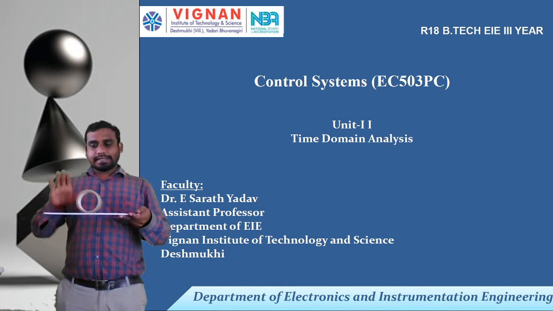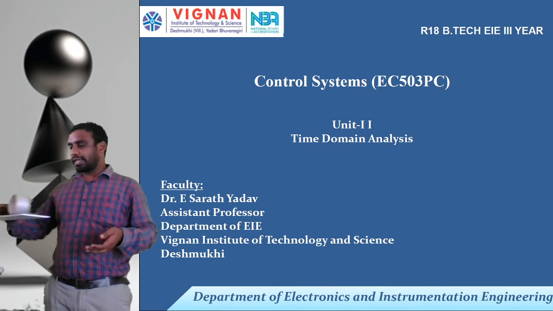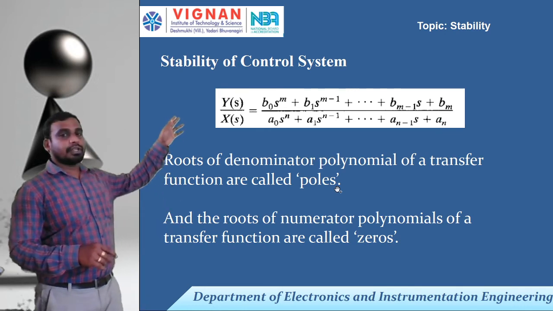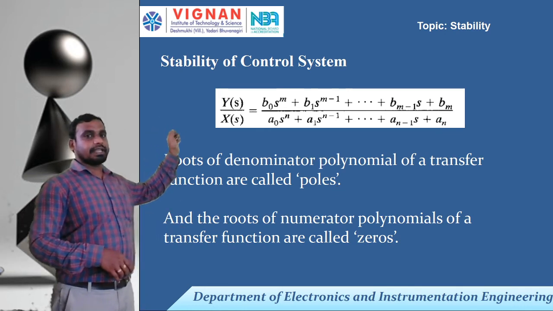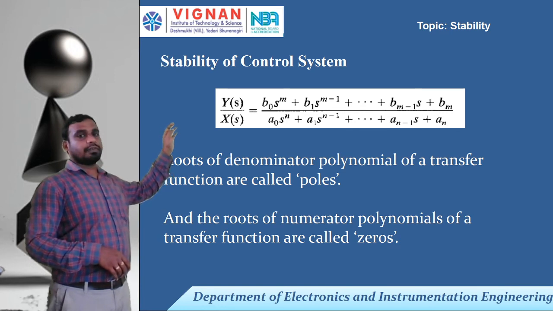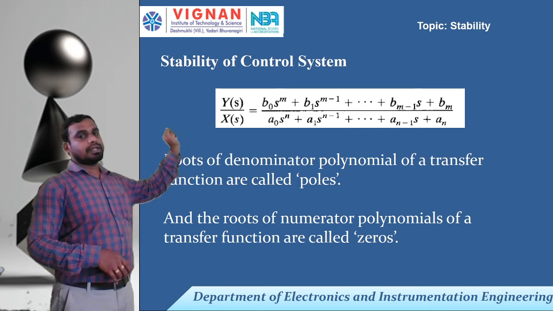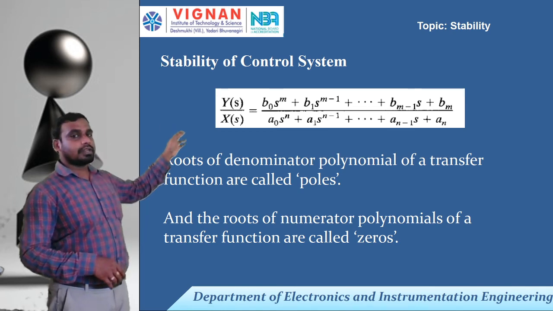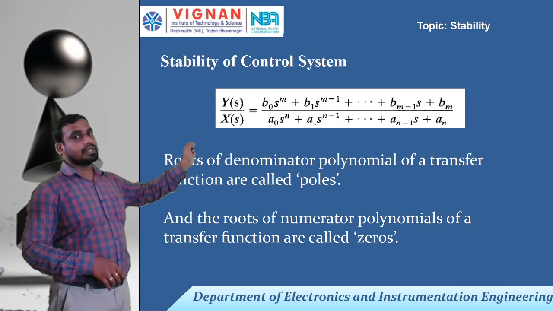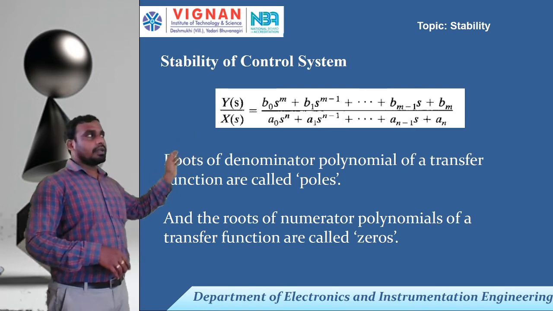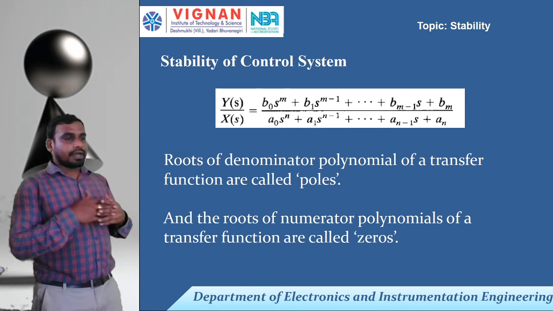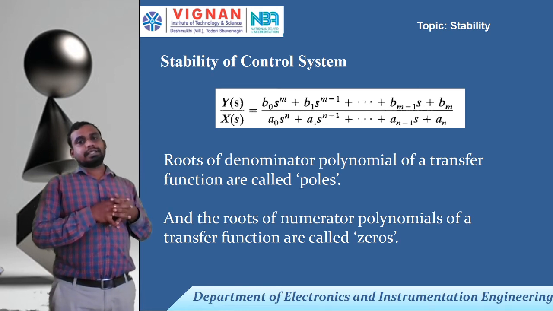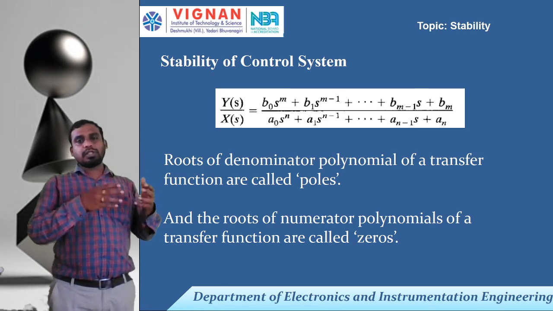If I want to express this in terms of a mathematical expression, I need to express it as a transfer function. Here the transfer function is Y of s by X of s, which has the coefficients b0, b1 and so on up to bm as numerator coefficients of s, and the denominator has coefficients a0, a1 and so on up to an. If I write the numerator and denominator in terms of the characteristic equation, I can segregate the poles and zeros.